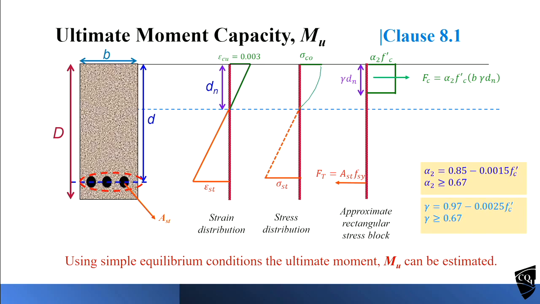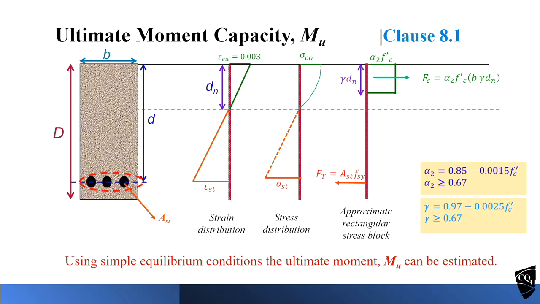So I don't know the Ast. Now I have another term called depth of the neutral axis, dn. So I have two unknowns now. I don't know dn and I don't know the Ast, the area of steel required to carry the maximum moment.